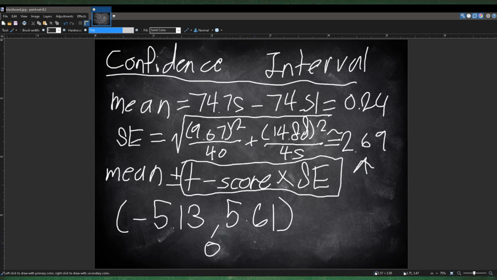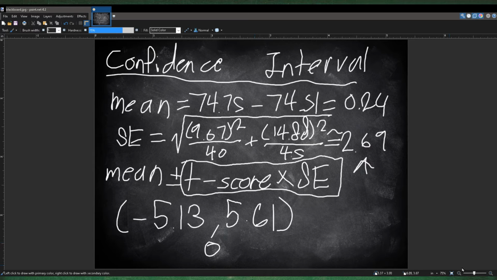Since 0 is in the interval, that means there is a chance that the two students are equal to each other, so student 1 and student 2 might have the same testing average for their scores. So you can't say student 2 is better than student 1. So you can also use the confidence interval for that.